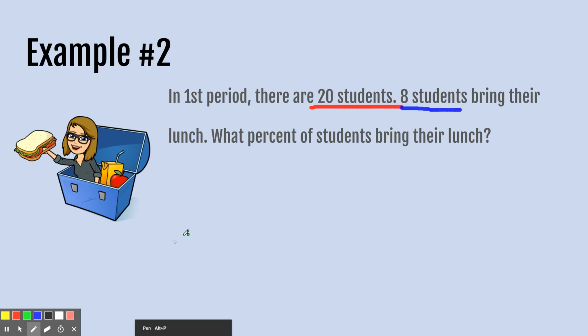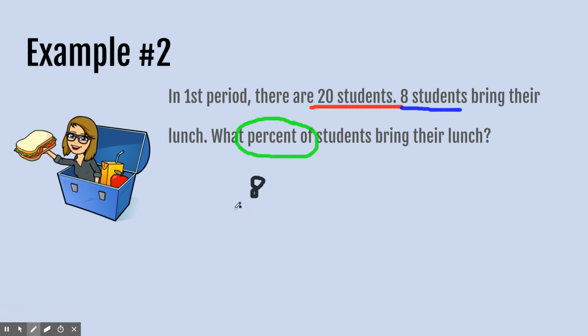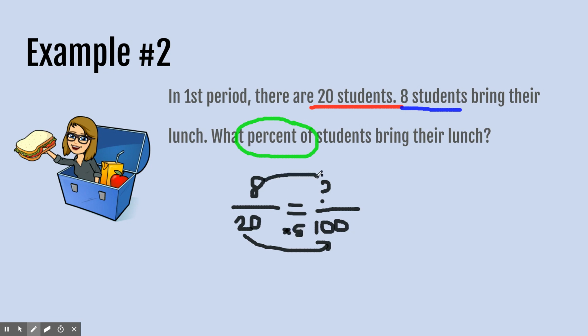So when I set that up, I could say 8 out of 20, or 8 to 20, is equivalent to, I don't know what percent, that's what I'm finding, out of 100. So to go from 20 to 100, I multiply by 5. So 8 times 5 would be 40. So this would be 40% of students bring their lunch.